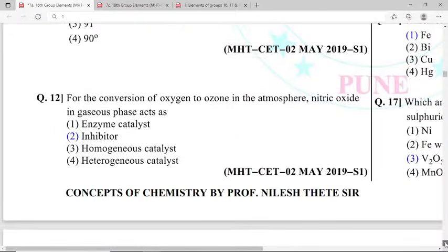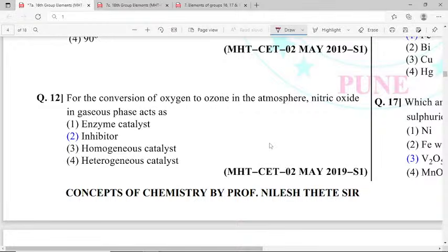Next question. For the conversion of oxygen O2 to ozone, which acts here? Nitric oxide in gas phase acts as the inhibitor.